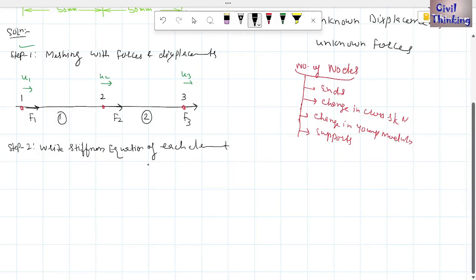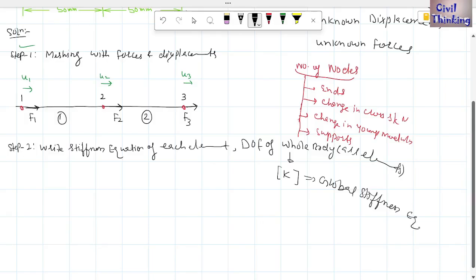Then what we have to do? Then we have to find the degree of freedom of whole body. Okay, whole body means all elements. Okay, and after this we have to formulate the global stiffness equation.